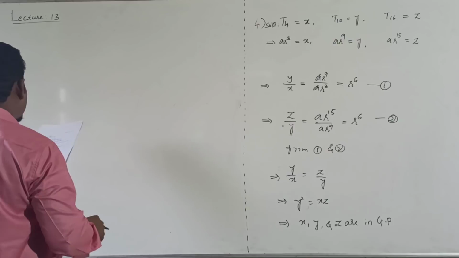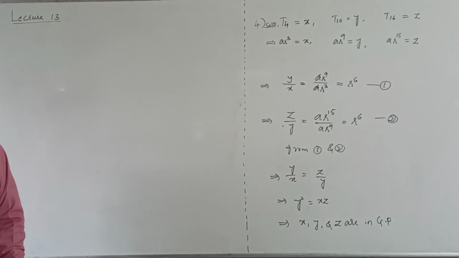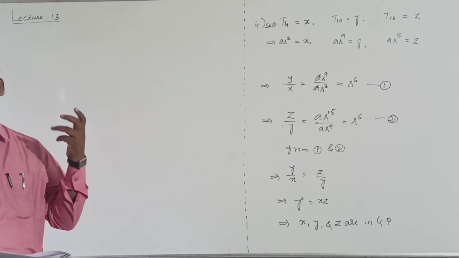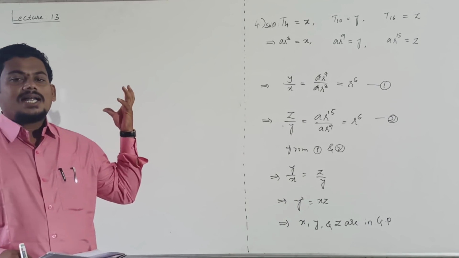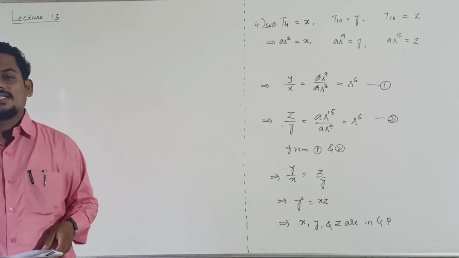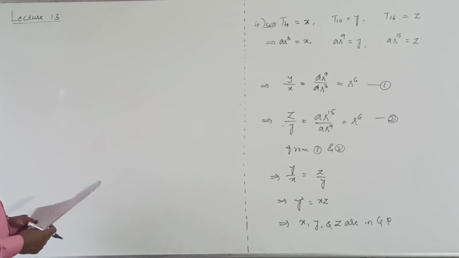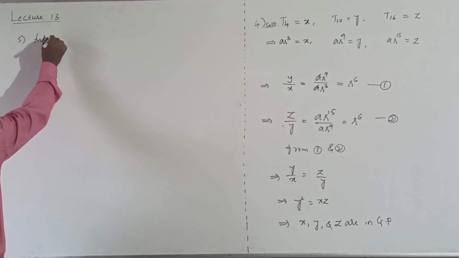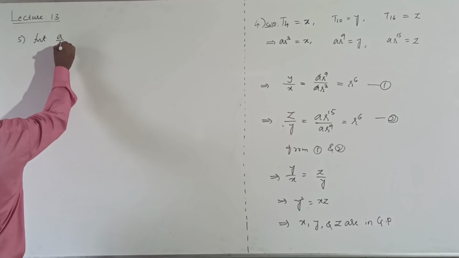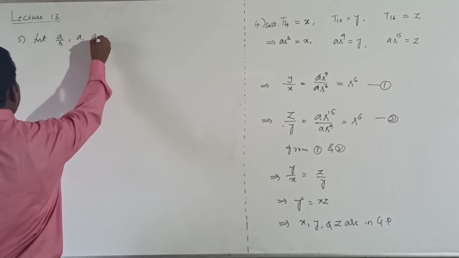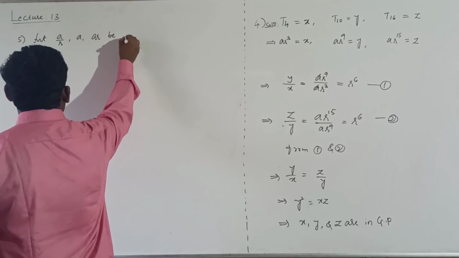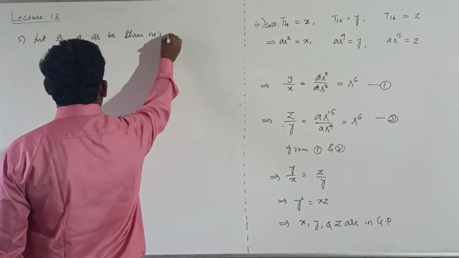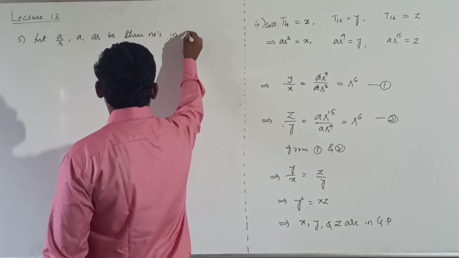What have they given? The sum of three numbers and their product. Then the proper selection of GP is: let the three numbers be A divided by R, A, AR.